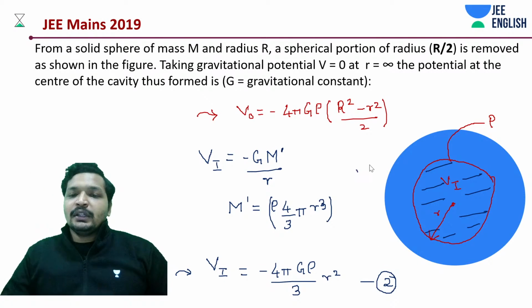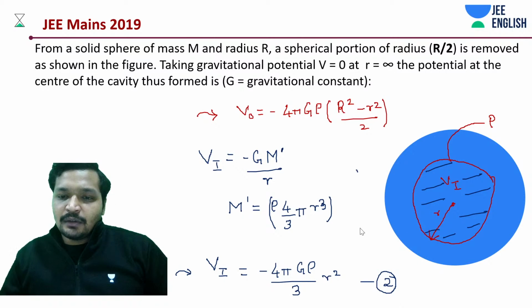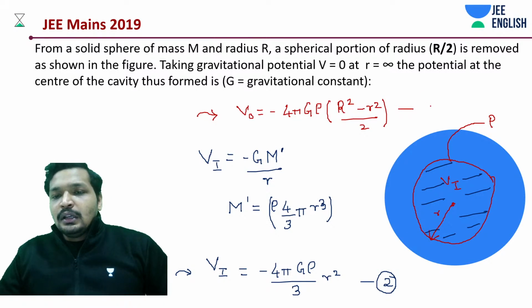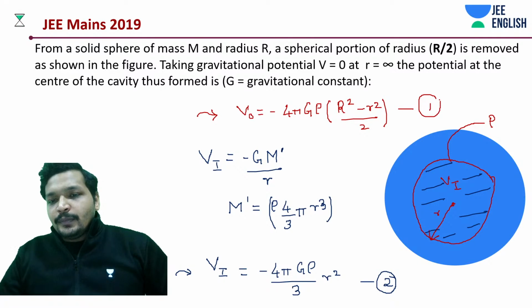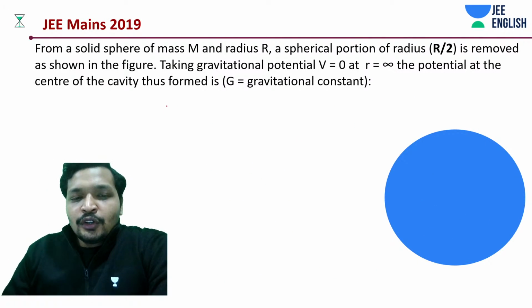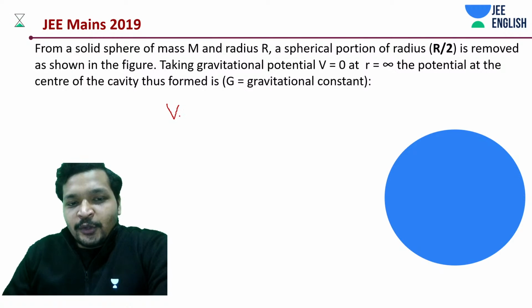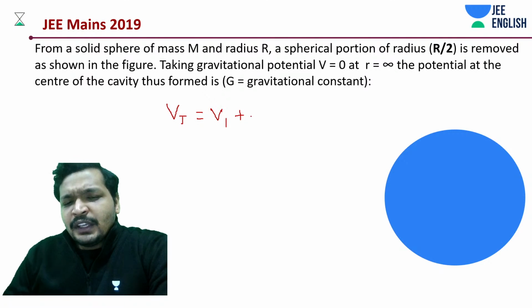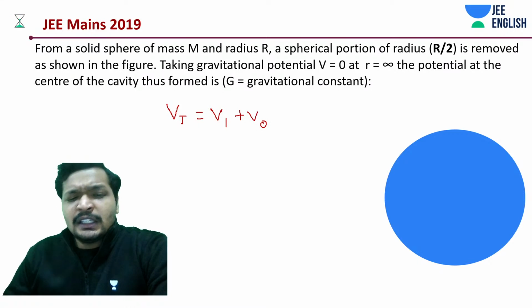This is the second one. This is the first term that we had. So V total is how much? V inner plus V outer. We are specifically discussing this.